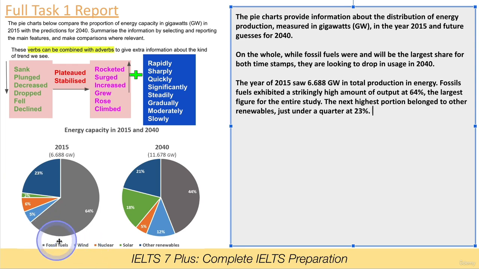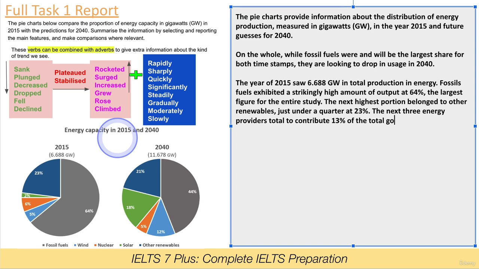So the other three producers of energy we have wind, nuclear and solar. They make a total of, we can tie them up together as 13%. So the next three energy providers, it sounds like a company, but I think it works here, total to contribute 13% of the total for this year.